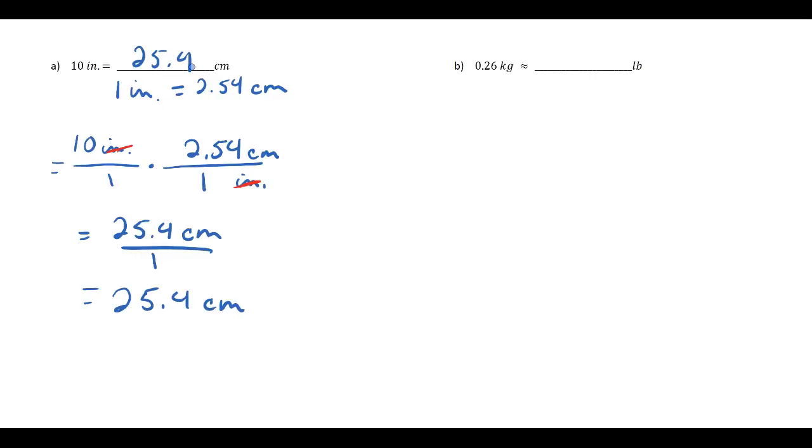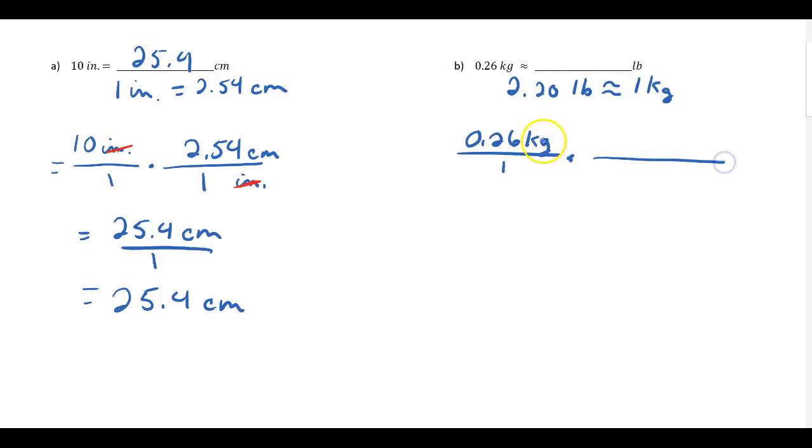Now let's look at going from kilograms into pounds. You will notice on your conversion chart that 2.20 pounds is approximately 1 kilogram. This just means that this number has been rounded. Okay. I'm going to set up the conversion just like I always do. I'm going to start with my 0.26 kilograms over 1. I have kilograms on the numerator, so I'm going to put kilograms on the denominator.